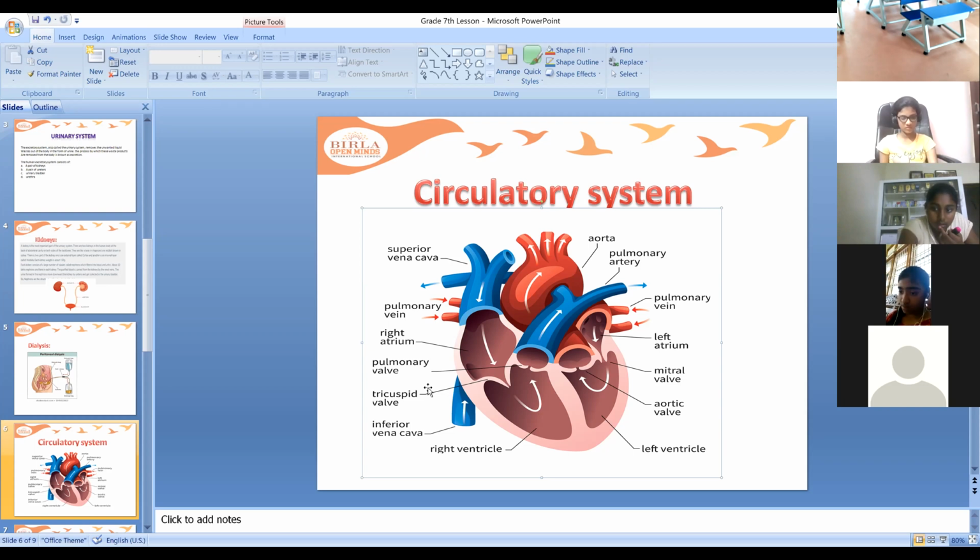During relaxation, the blood from the left side of the heart is distributed to other parts of the body, and the blood from the right side of the heart is pumped to the lungs for purification. I'll show the video so that it will be clear to you. We'll be having a look at the video, children.